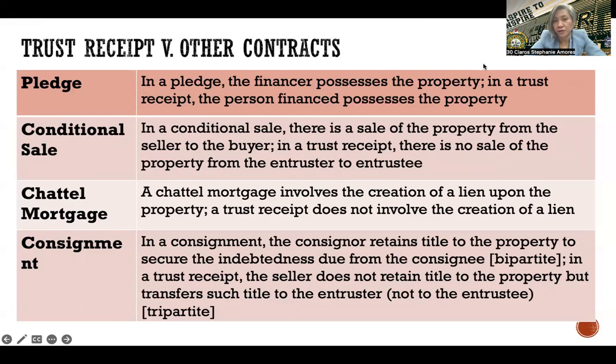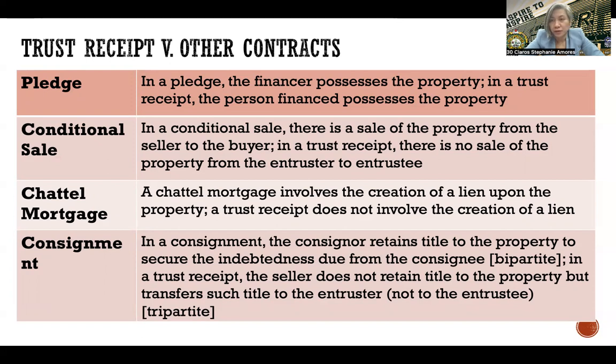However, in a trust receipt transaction, the person who finances the importation or purchase will possess the property. Not the person who finances, but the person financed, okay, will end up possessing the property. So that's why it's important to impose the twofold obligation on the entrustee.